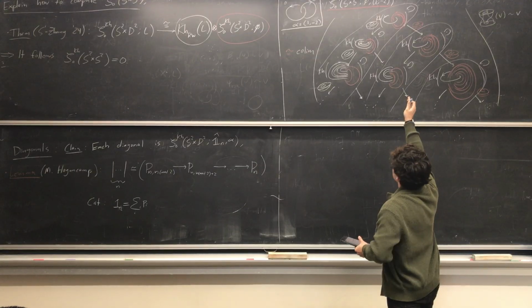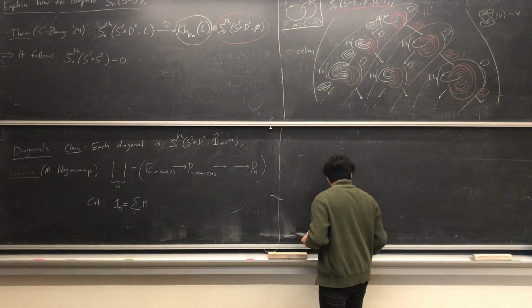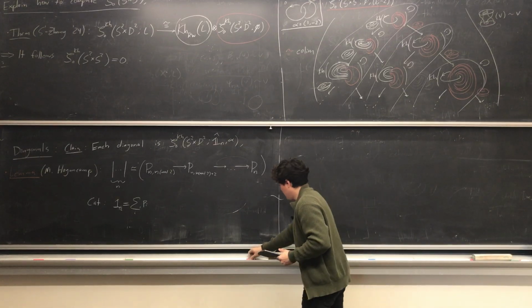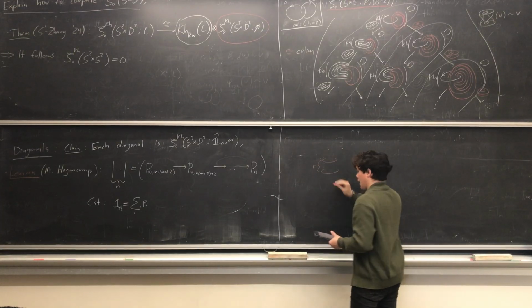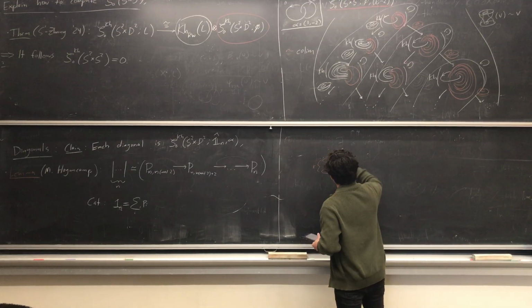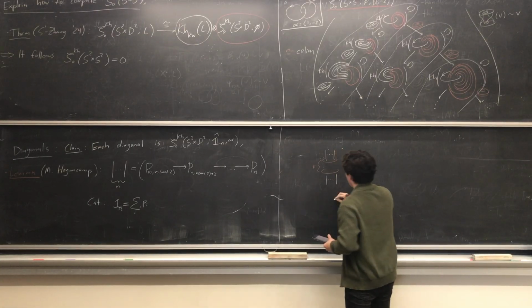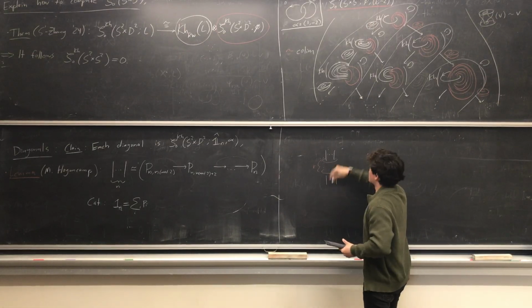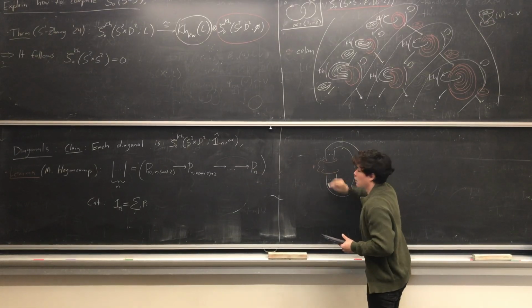So suppose I had a diagonal, right? Then what I have is something that looks like this. Say I have k strands. I have some other number of strands running through, and then I've closed up.